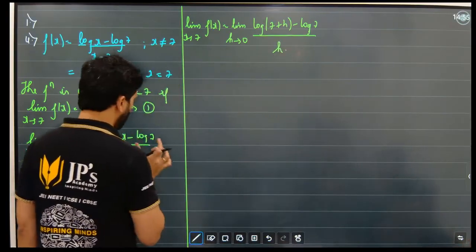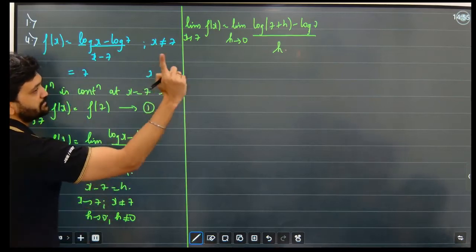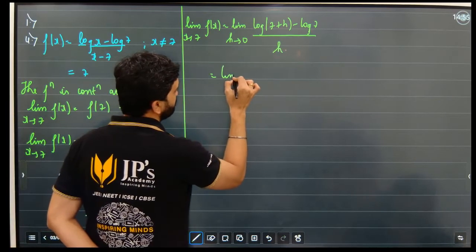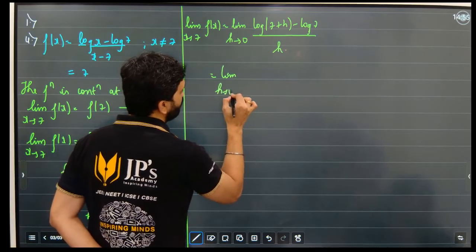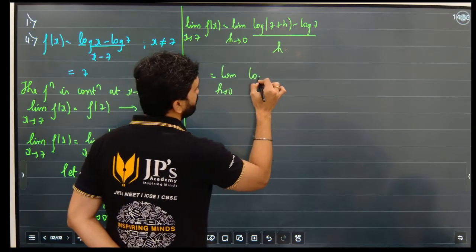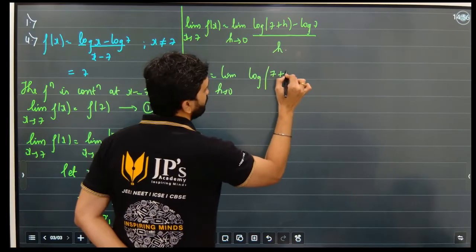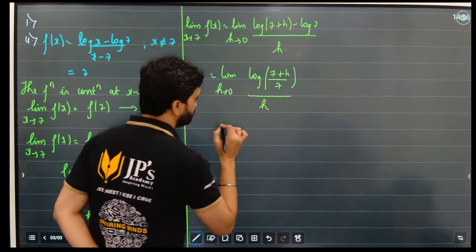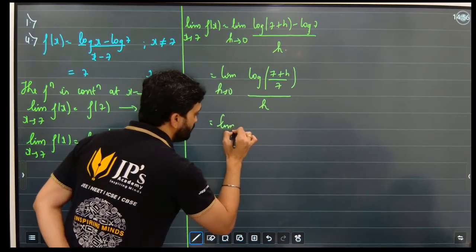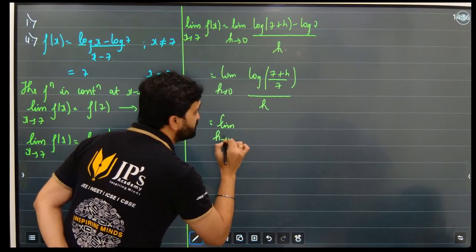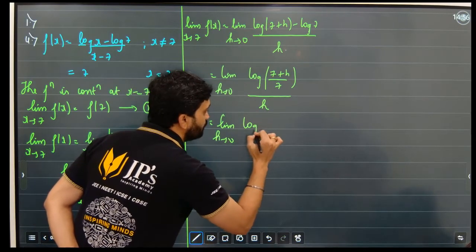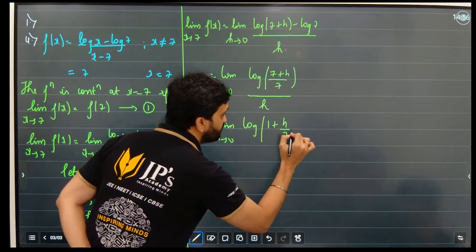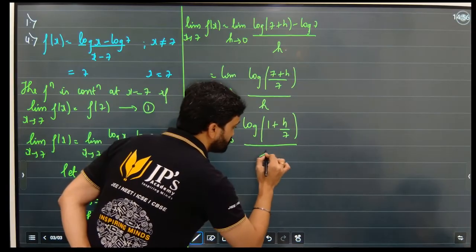So my denominator, which was a linear term, has become a single term, and since it has become a single term, I have the formula for log a minus log b is log a upon b, the whole upon h, which will become limit h tends to 0 log of 1 plus h by 7 upon h.